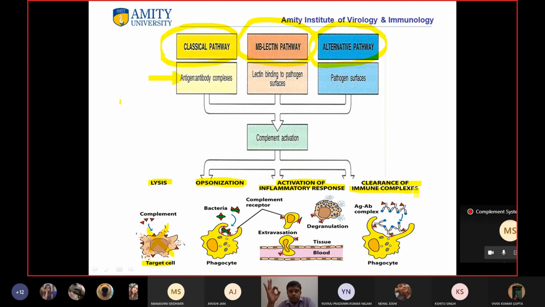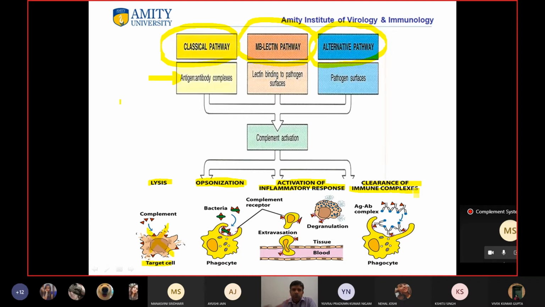Then opsonization, which is again basically killing of the pathogen. The mechanism is different, but the complement system releases complement proteins which bind to the surface of bacteria, and then the bacteria is taken up by the phagocytic cells.